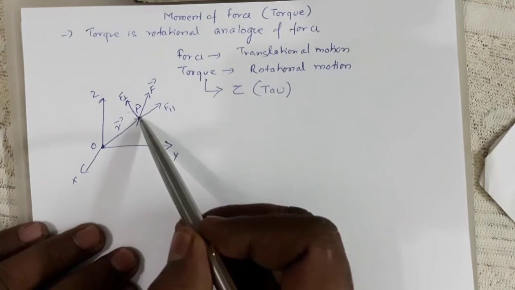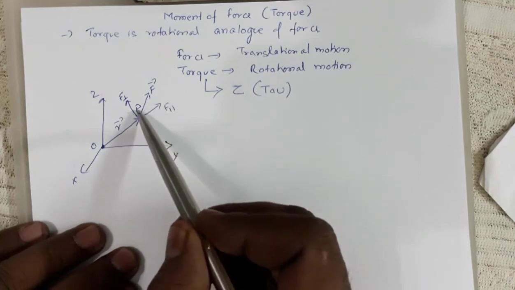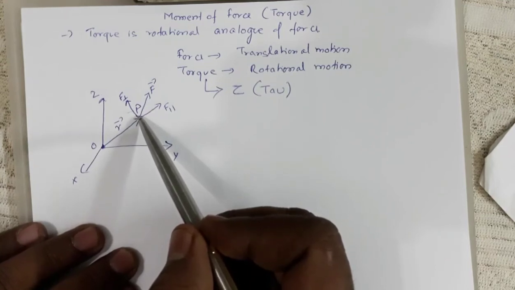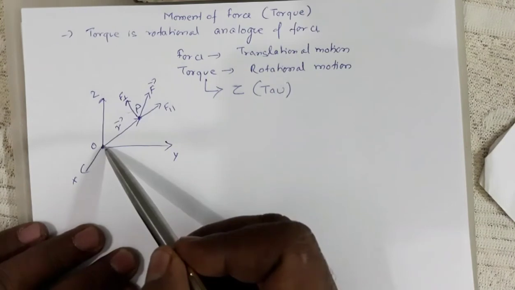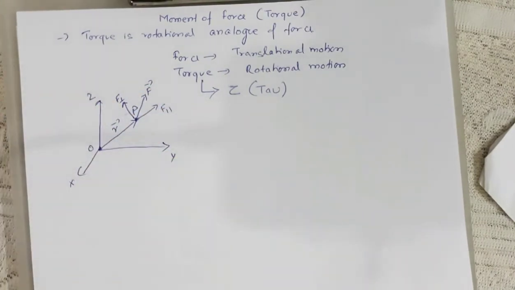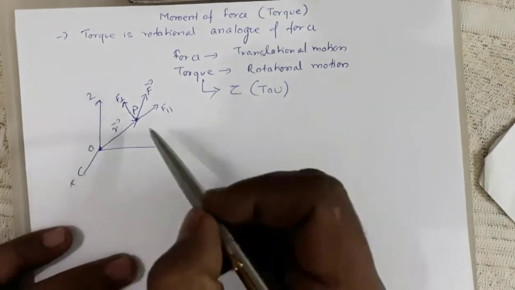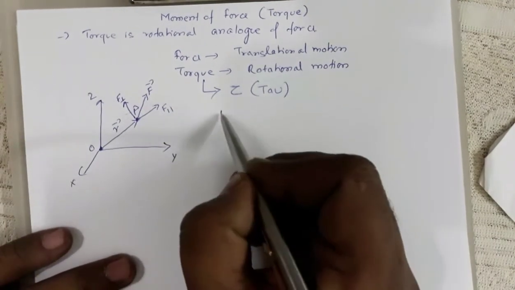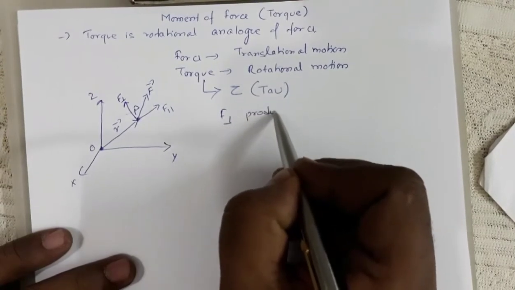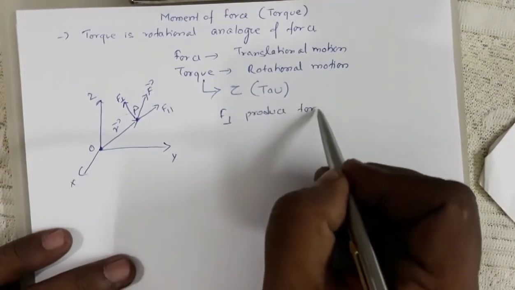But if F perpendicular acts on P, the point P will move such that it has a rotational effect with respect to the position r. So F perpendicular is responsible for torque.